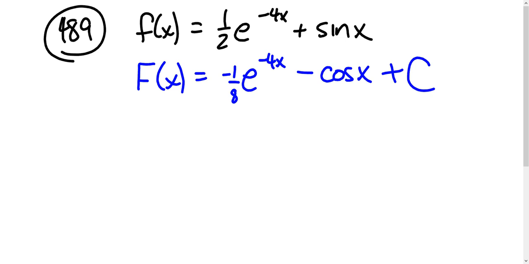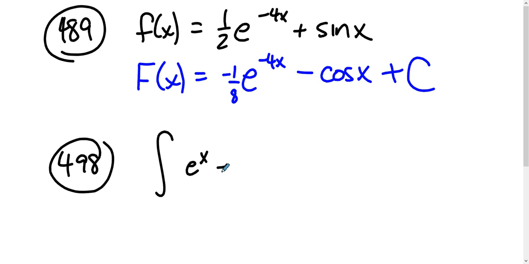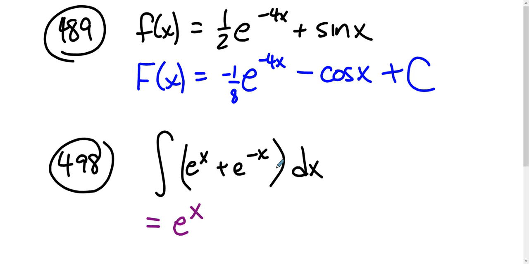Okay. I also asked you to do some questions involving indefinite integrals. And for now, all you need to know is that this symbol, the indefinite integral symbol, means that we are writing down the most general antiderivative that we can write. So this symbol means find an antiderivative. The antiderivative of e to the x is e to the x.